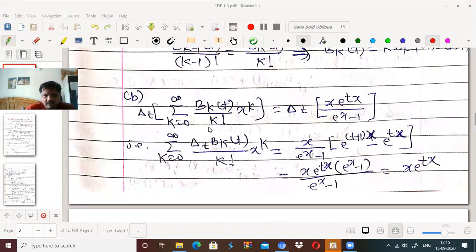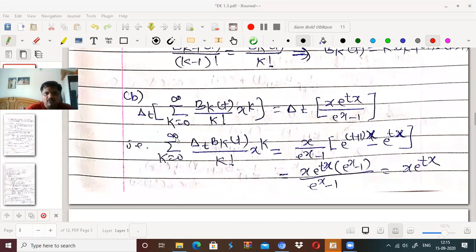Now we know that x into e to the power tx upon e to the power x minus 1 equal to summation from k equal to 0 to infinity Bk of t upon k factorial into x to the power k. Taking delta of both sides with respect to t. What are we doing here? We are taking difference on both sides with respect to t.